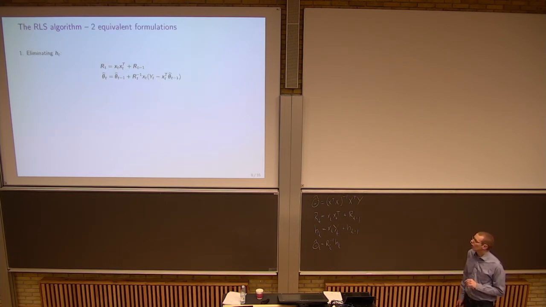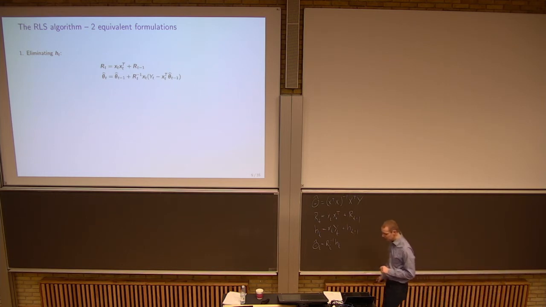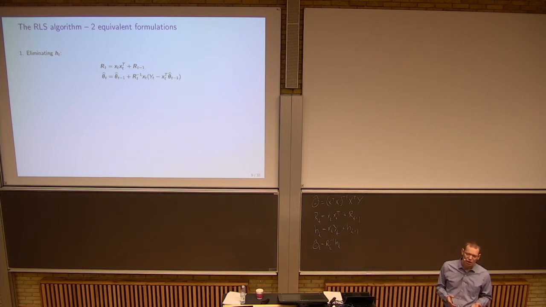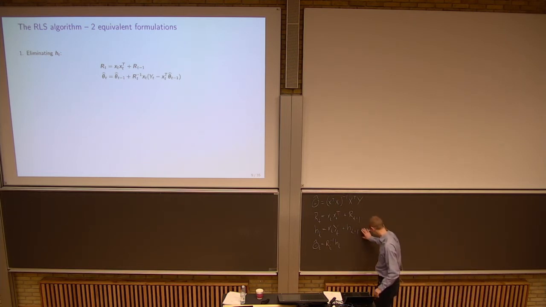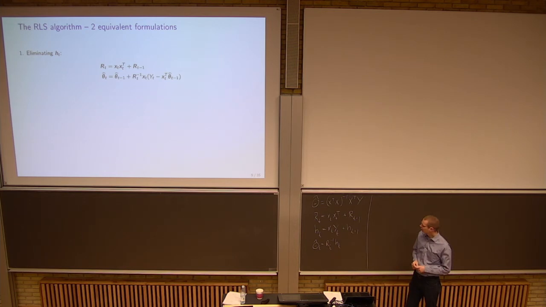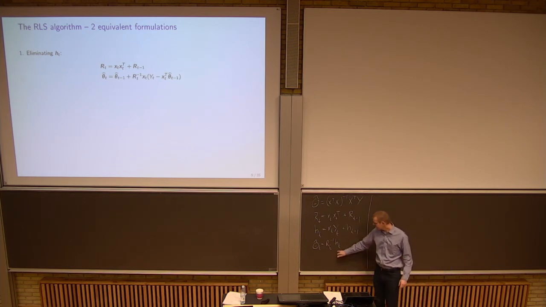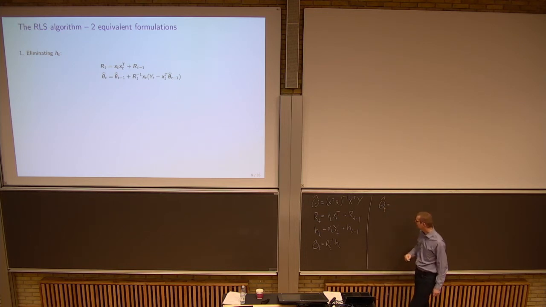So what we briefly mentioned back then was that rather than keeping track of all these matrices, we can actually eliminate one of them, the h here. So how does that work? If we look at theta_t from down here, what is that? That is the inverse of R_t on h_t.